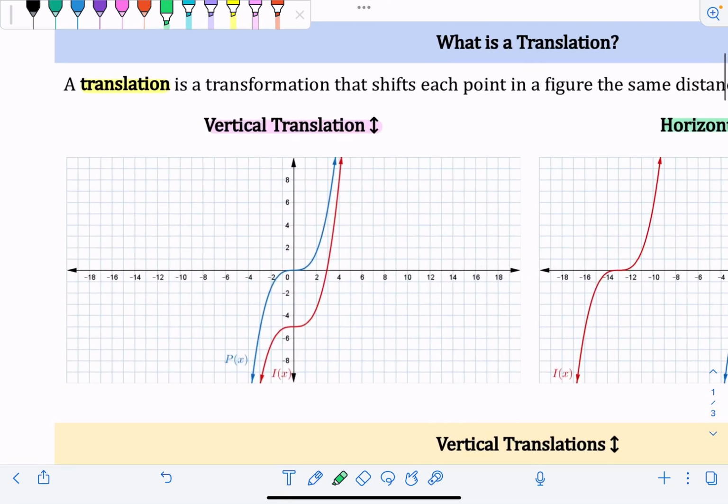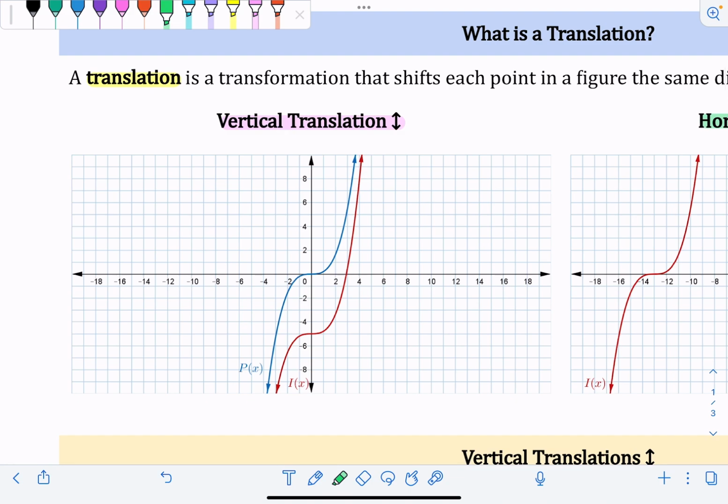So if we look at this example of a vertical translation, you're going to be asked to determine what the translation is and how far. In order to do that, you want to focus in on a couple key points. So on this graph, you can focus in on these 2 points. And you'll always be given what your starting function and what your ending function are.